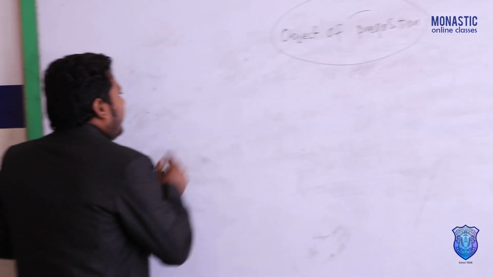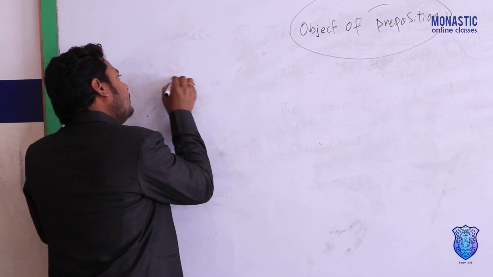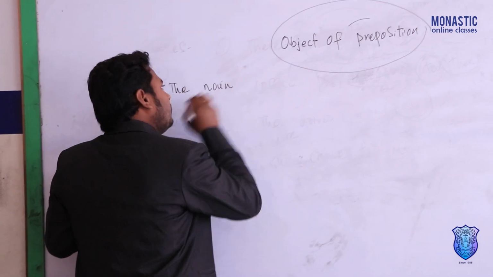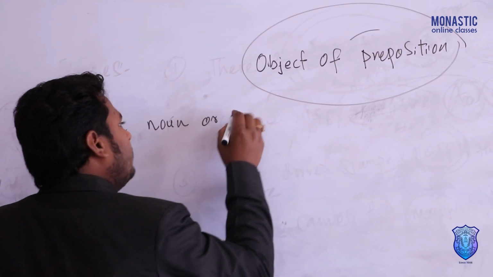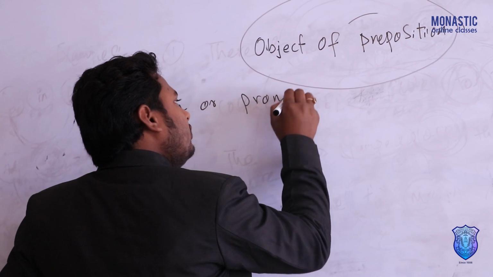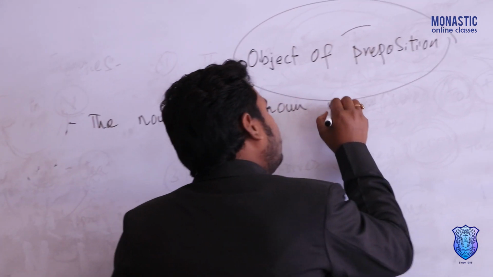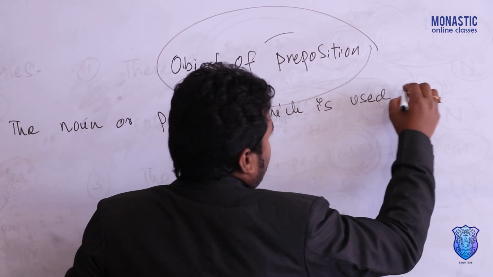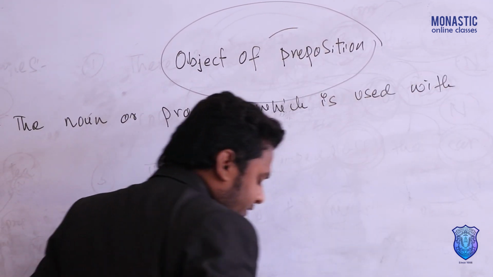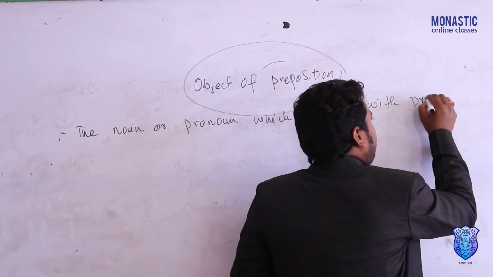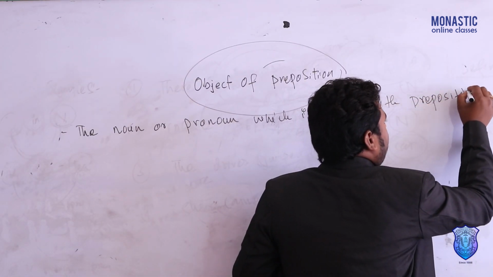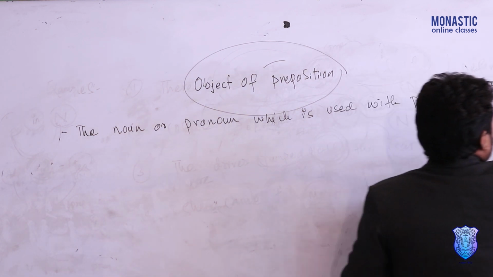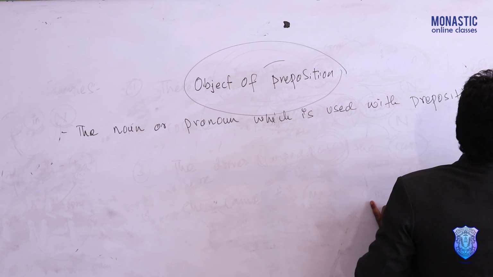We can simply understand that the noun or pronoun which is used with a preposition is called its object.